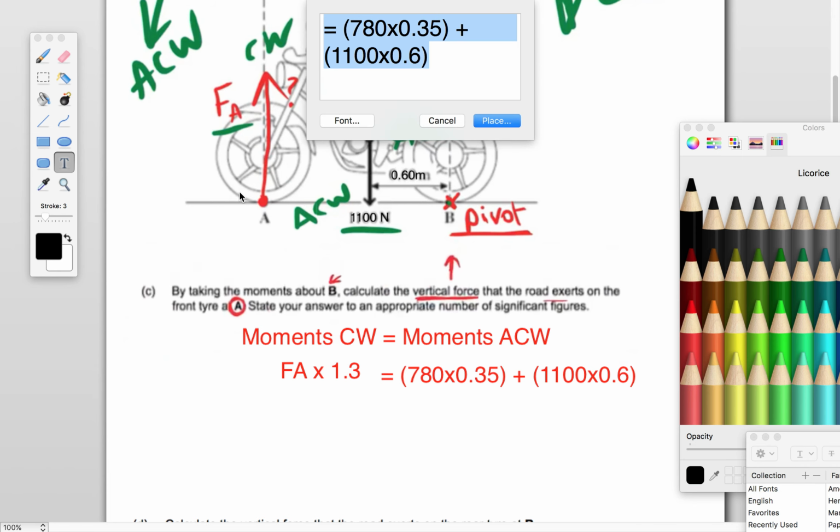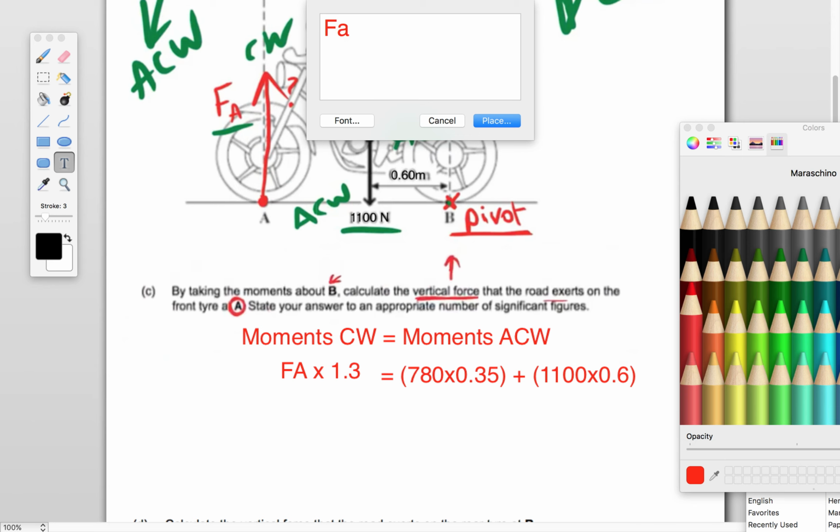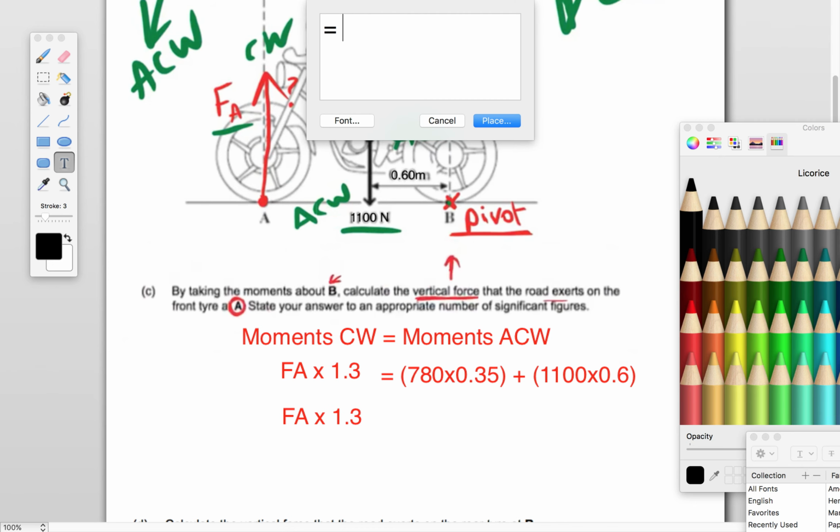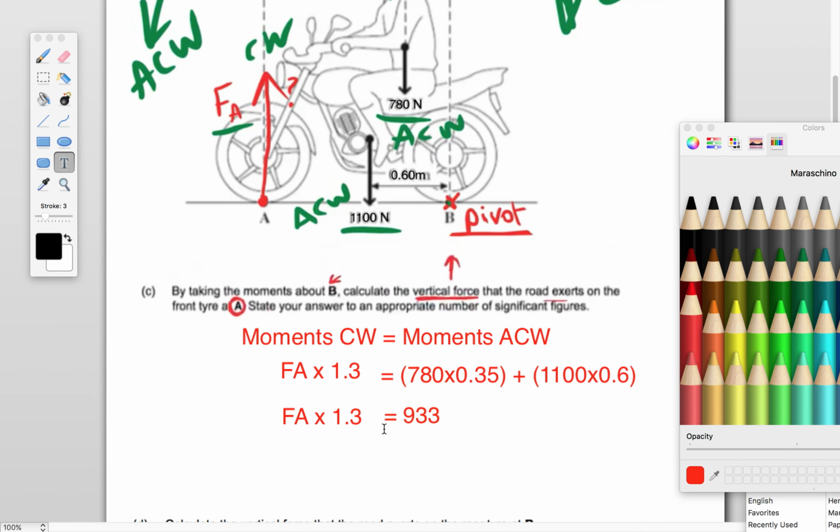So you will do just normal math calculation, where you will say Fa times 1.3 should be equal to 933. This is when you multiply this quantity and add to it this quantity, you get 933.